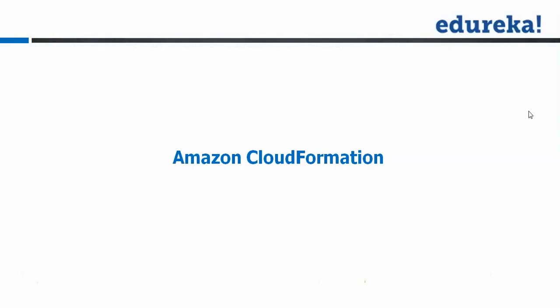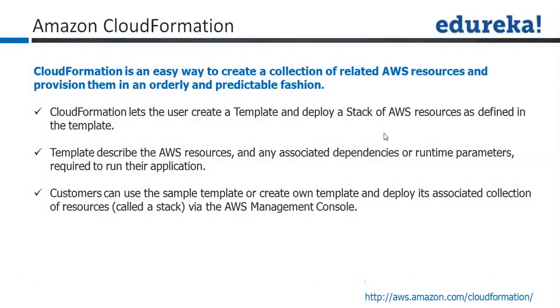Now let's see more about Amazon CloudFormation. CloudFormation is an easy way to create a collection of Amazon resources and provision them in an orderly and predictable fashion. It allows users to create a template and deploy a stack of AWS resources as defined in the template. So the first thing you need to create is a template, in JSON format.